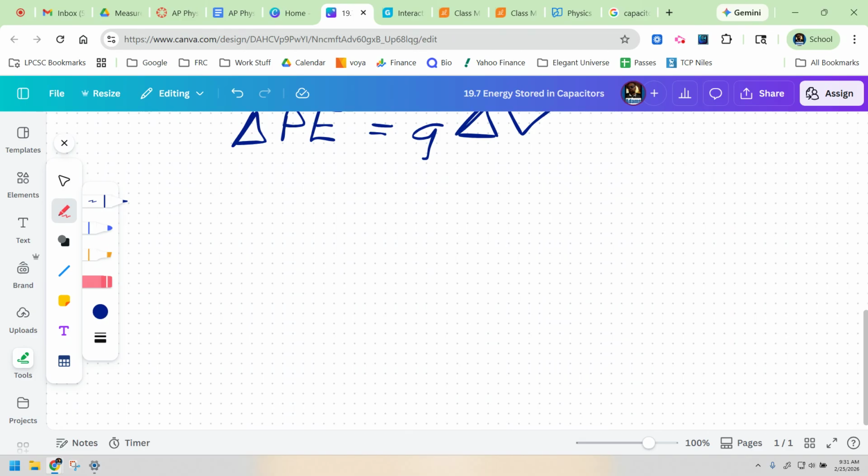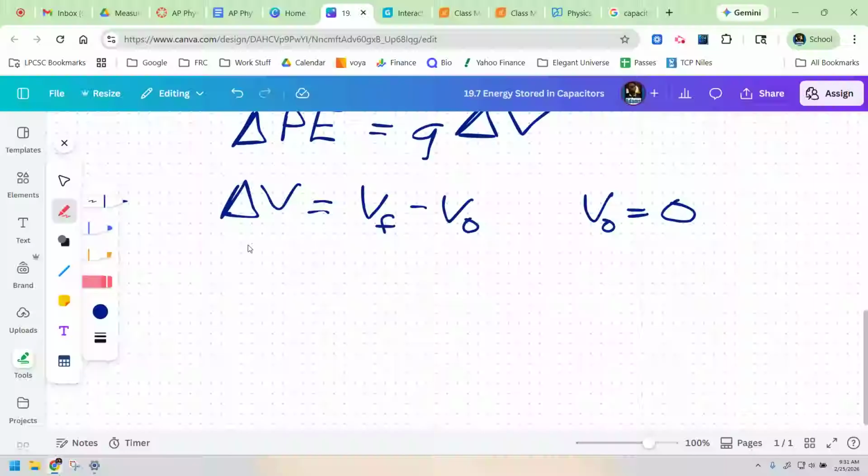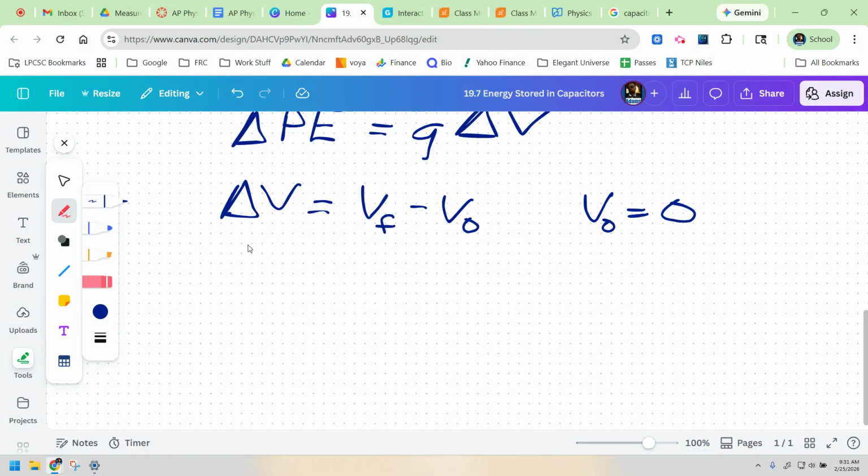So delta V, if you want to think of it this way, is equal to the final voltage minus the initial voltage, but the initial voltage in most cases would be 0. Now, that isn't always the case, but when we think of a capacitor, you have to charge it, right? So then what does that mean? Well, that means that the change in voltage is just the voltage, if you want to think of it that way.